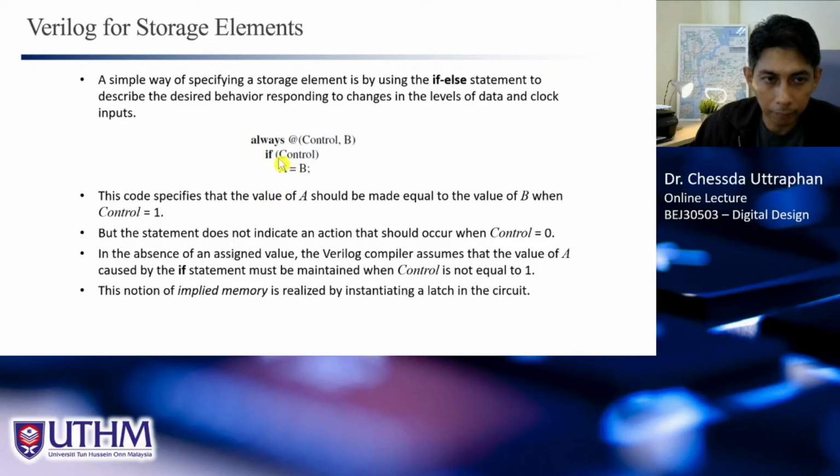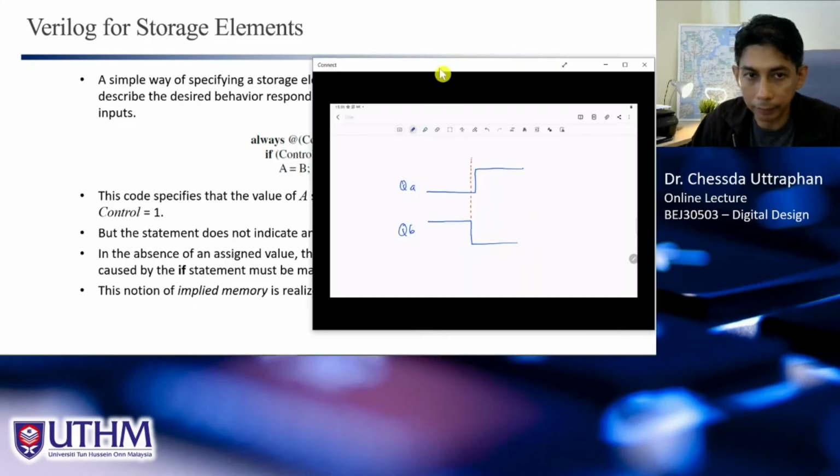Because in this case, if control equals 1, A equals B, but what if control equals 0? You have not specified it. The Verilog compiler will assume that A will remain A when control equals 0. This is the same as if we write the code like this.